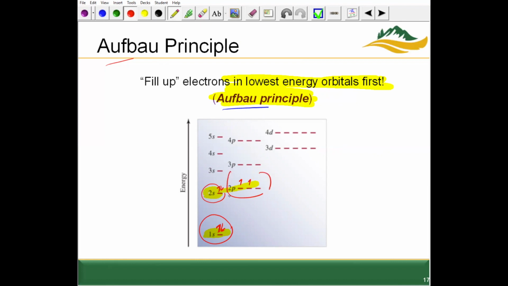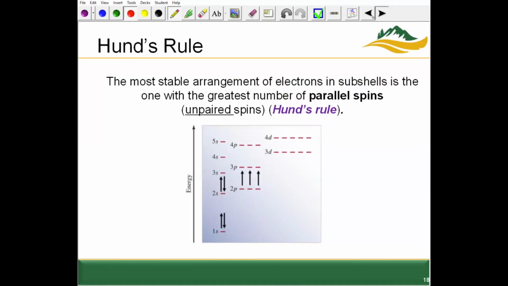I want to talk more about why I did this within the 2p orbitals. The 3 2p orbitals, I should say, to be clear. So for the 1, 2, 3, 2p orbitals, just to not be confusing. The reason I did this is because we also need to follow Hund's rule.